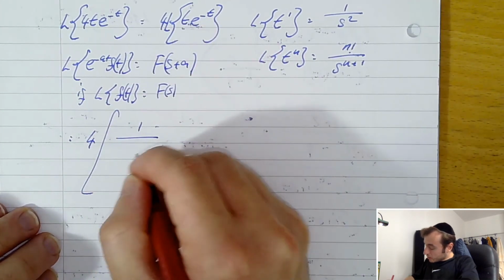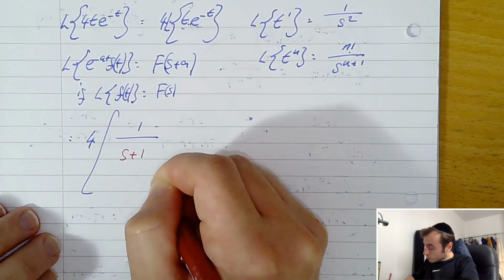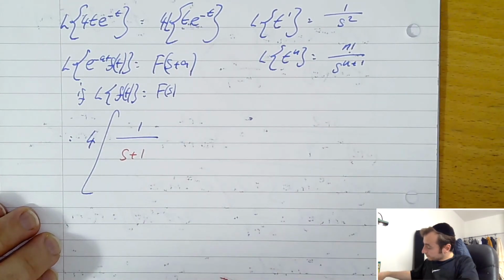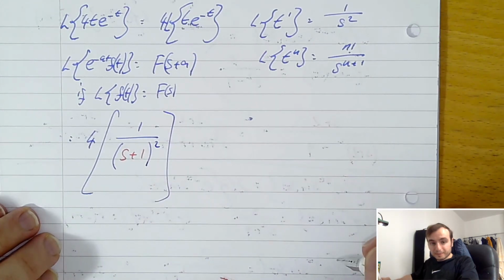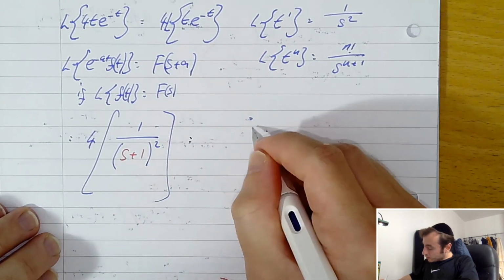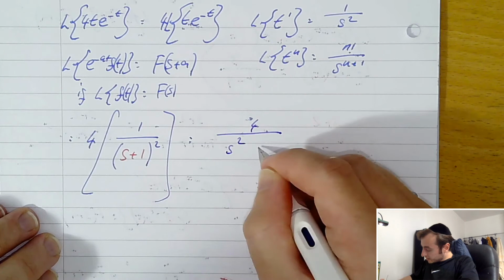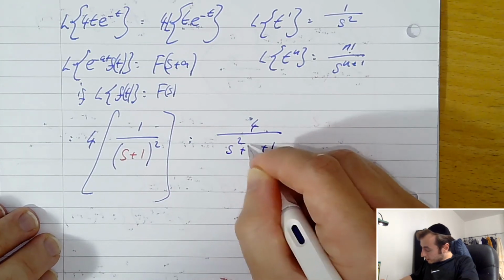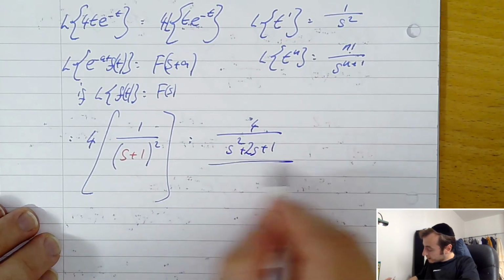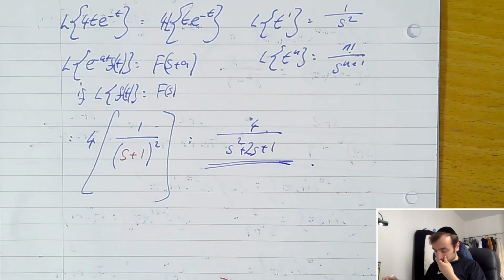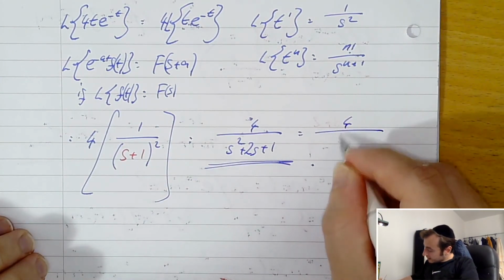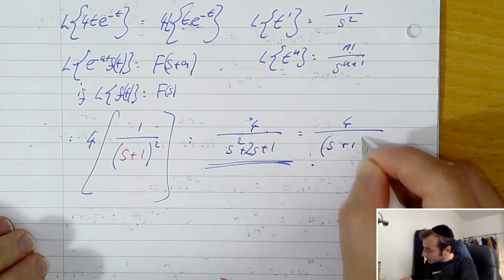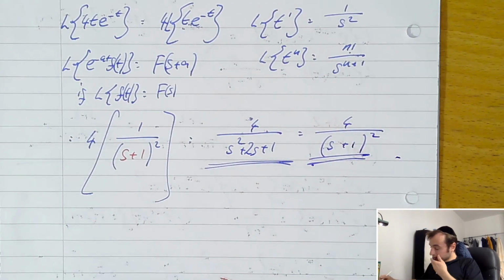So it's going to be 1 on s plus 1 squared. Yeah. Which equals 4 on s squared plus 1 plus 2s. Simplify that. 4 on s plus 1 squared. We could say that as well. Yeah. Okay, let's do another one.